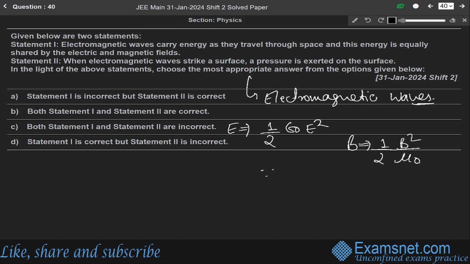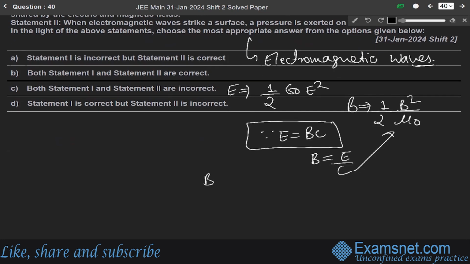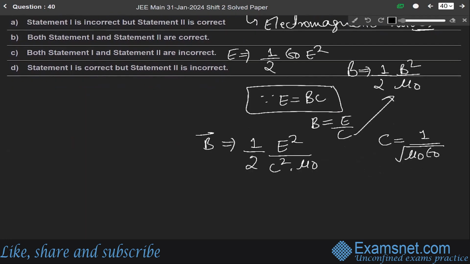Okay, since we know that E is equal to BC, so B will be equal to E by C. Now putting it in this, we get 1 by 2, B square means E square over C square into mu naught. And we know that C is equal to 1 over root of mu naught epsilon naught. So C square will be equal to 1 over mu naught into epsilon naught.